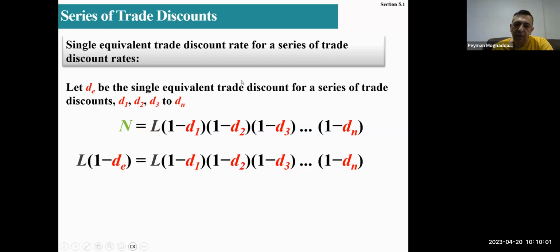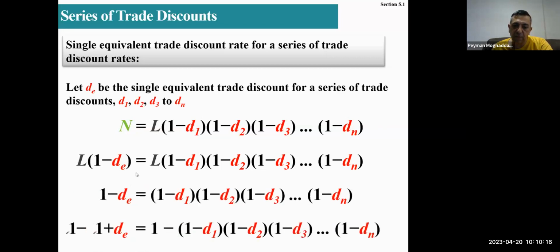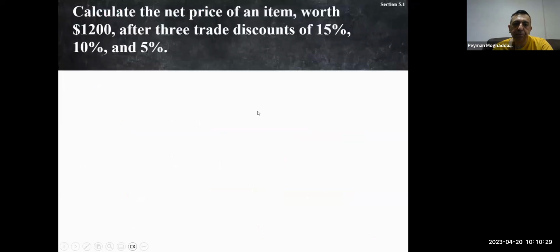That's the net price versus list price for a series of trade discounts. And this is equivalent to one trade discount, the equivalent trade discount. You will find it with this equation: DE, the equivalent, is going to be 1 minus D1, times 1 minus D2, up to 1 minus Dn.